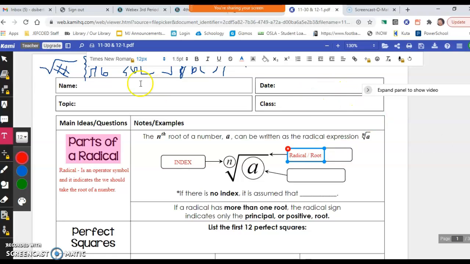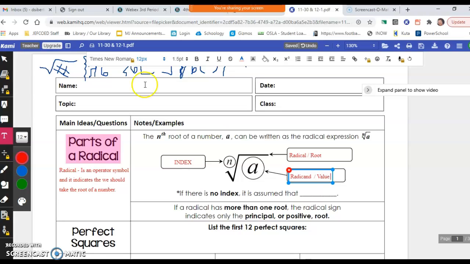And then the a is what we call a radicand. But the biggest thing is that it's just a numerical value that we're looking at.